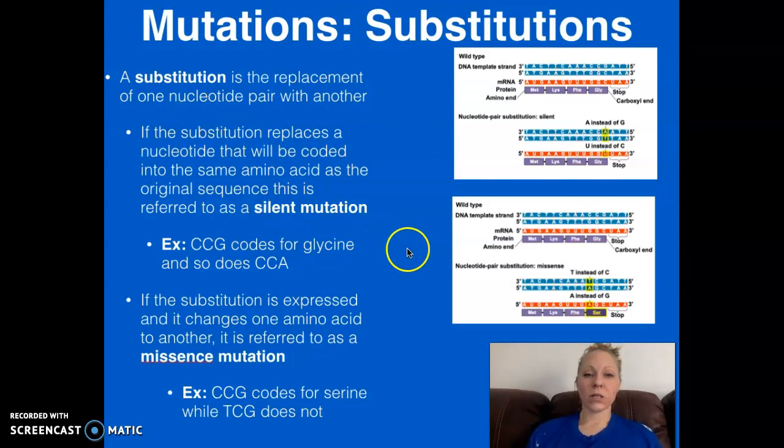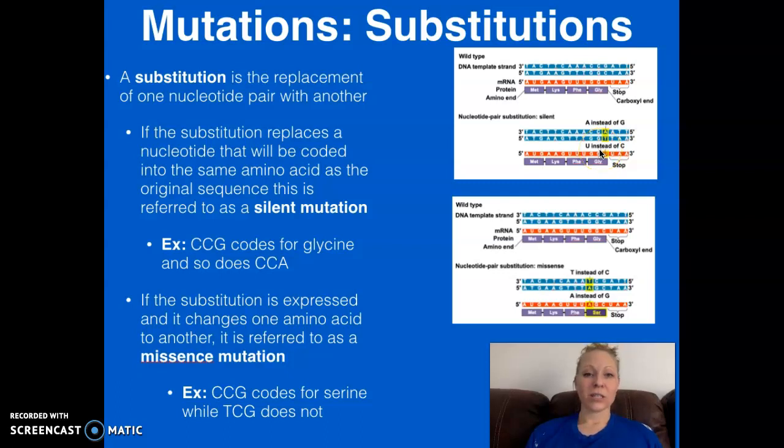A substitution is the replacement of one nucleotide pair with another. And so if we look here, we can see that it was supposed to be a G, but we put an A instead, and so therefore a T was paired instead. And this created a change.